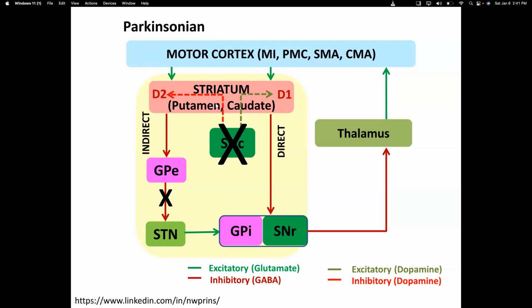The indirect pathway, which says stop movement, is not inhibited. So the direct pathway says start movement, but the indirect pathway says stop movement. So you have a problem, and this results in the shuffling. The pharmacological treatment for Parkinson's is levodopa, which increases the dopamine in the brain.